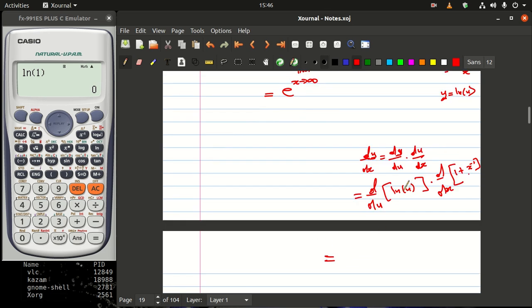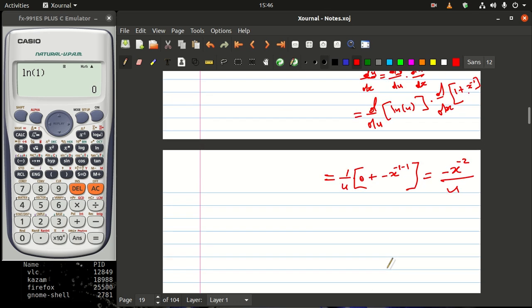The derivative of ln u, we know, is 1 over u, and then after that you multiply by the derivative of u. What is the derivative of a constant? It's 0, plus the derivative of this, which is minus x. I bring the exponent down, and then I subtract 1 from the exponent that was already there, and then we end up with 0 plus minus x raised to minus 2, all over u.